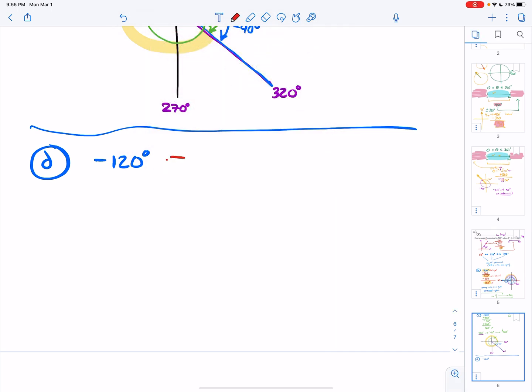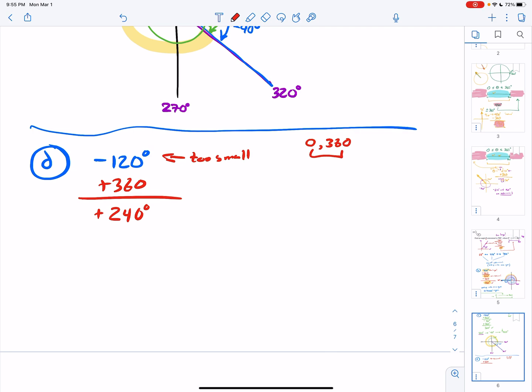Okay, this one here is definitely too small. So if we want it somewhere in between 0 and 360, we want to make sure that we add 360. Different signs we subtract, we're going to get a positive 240 degrees there. And 240 is definitely somewhere in between 0 and 360, so we know we're good.